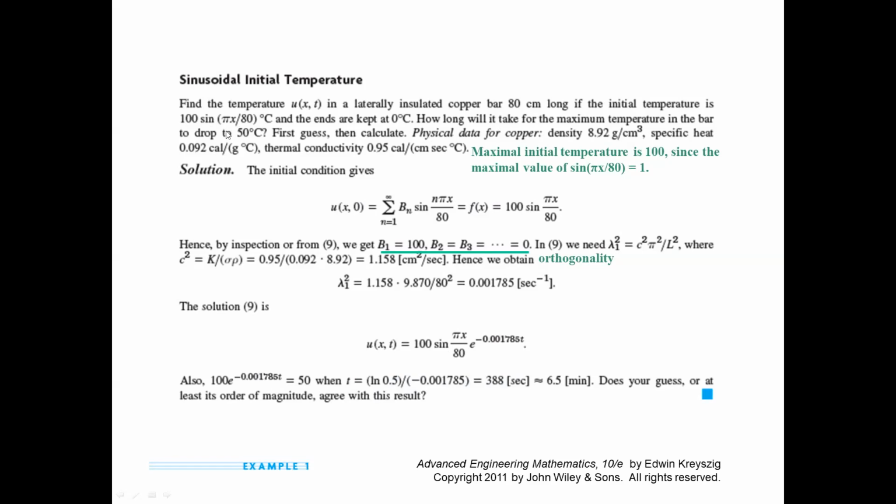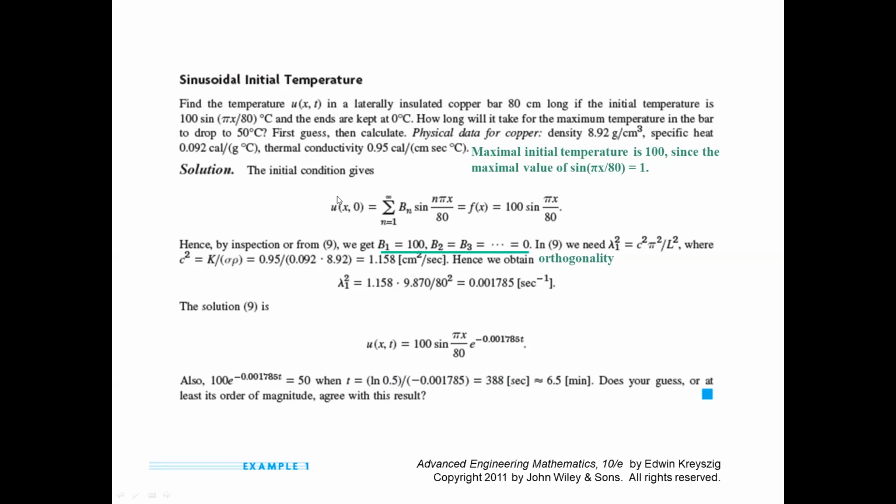It's a sine function over this range. We are asked to answer the question, how long will it take the maximum temperature inside the object to drop to 50 degrees C? The 3 important parameters of the material for this problem are all given.